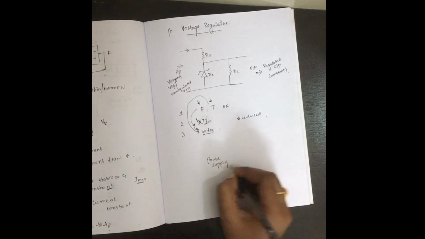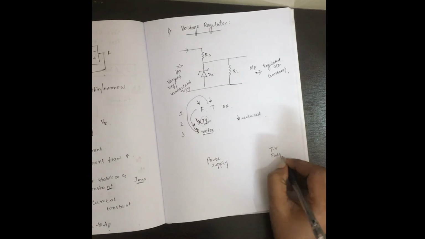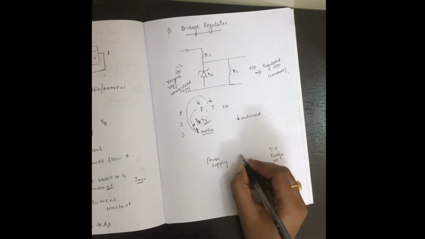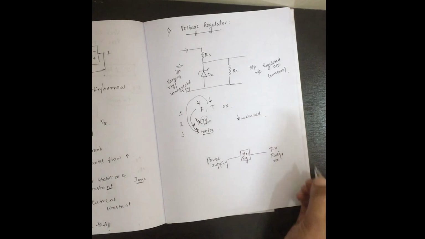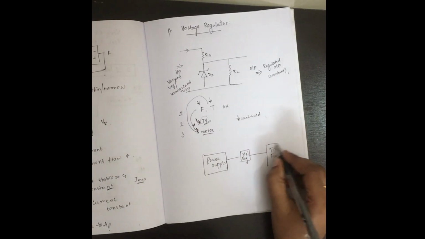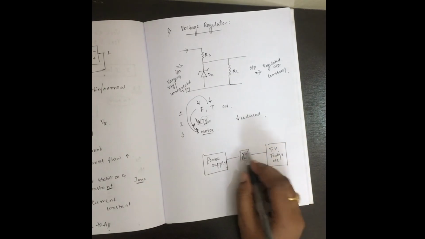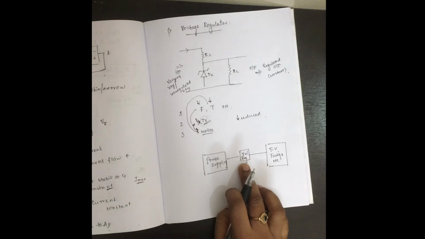the power supply and the television or fridge or any other devices. We need a voltage regulator. Usually, in between the power supply and the TV or fridge or any other appliances, this voltage regulator is used.